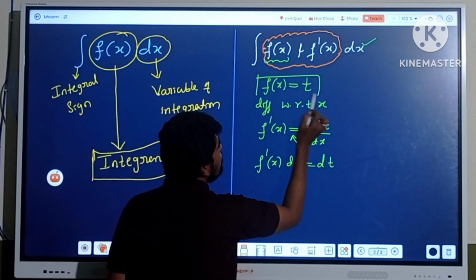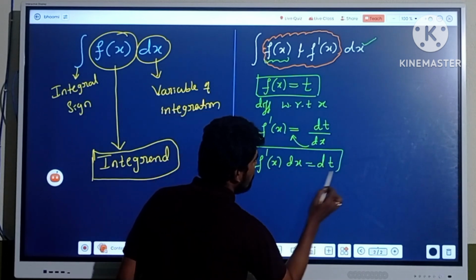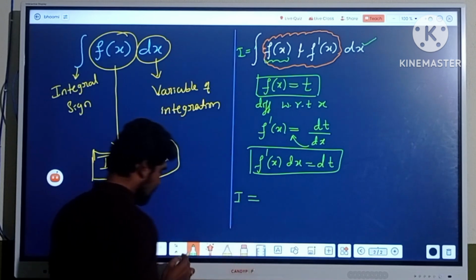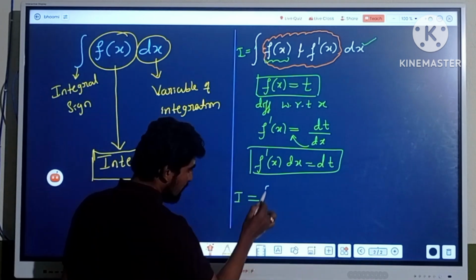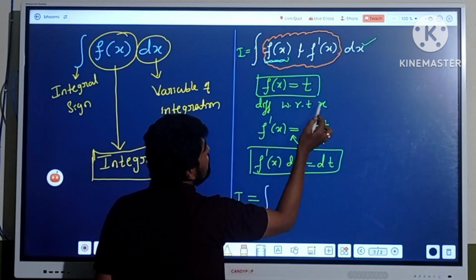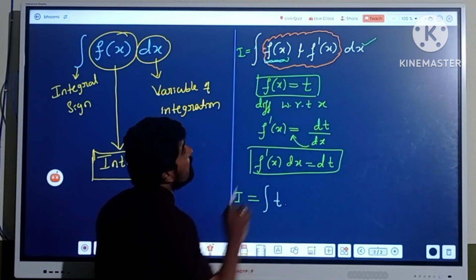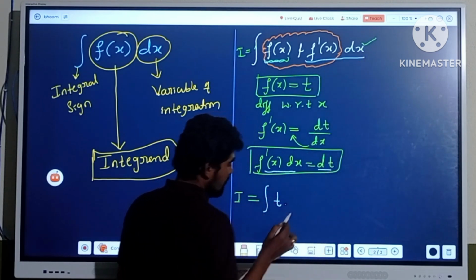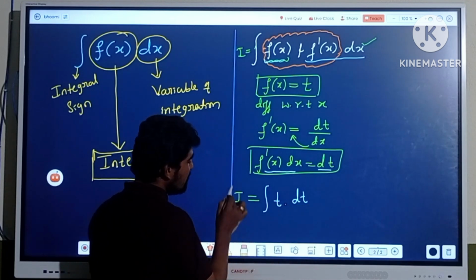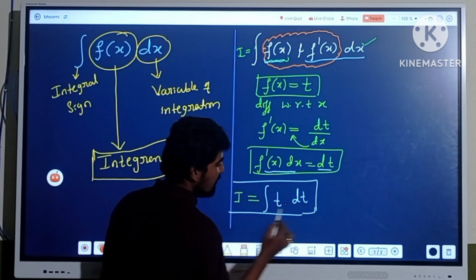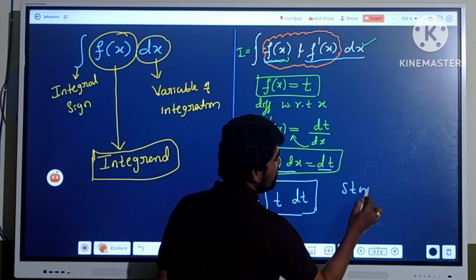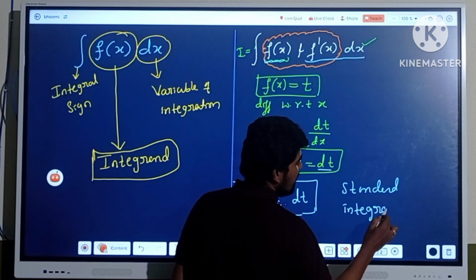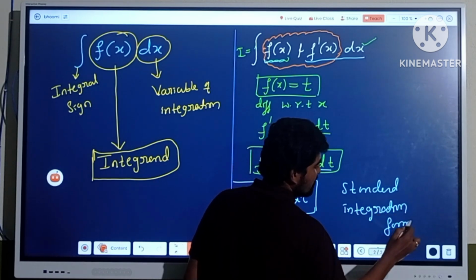Now by this substitution, the integral problem I becomes integration of t, since we considered f(x) = t, and in place of f'(x) dx we have dt. Now we can easily integrate this problem by using standard integration formulas.